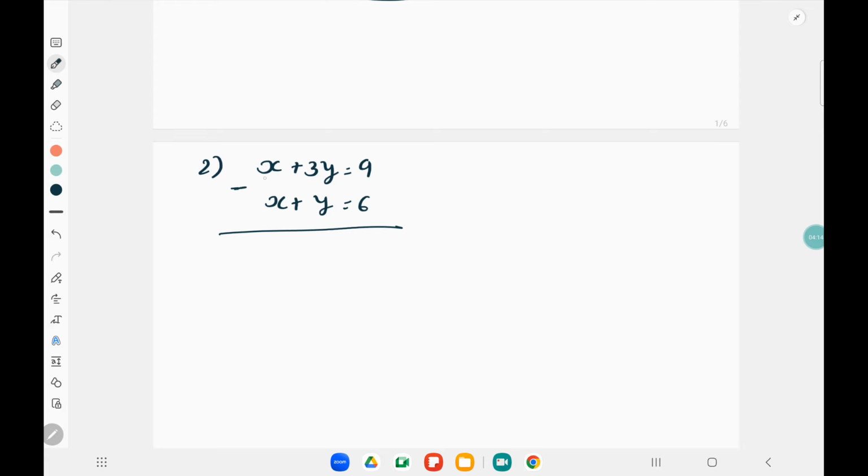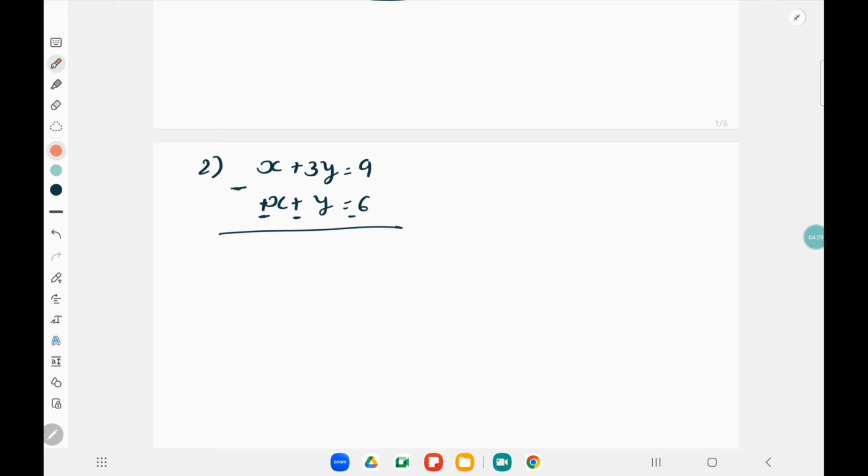Okay, because I am doing x plus 3y equals 9, take away x plus y equals 6. So in this second equation, every single thing changes sign. If it is positive, it becomes negative. x was positive, becomes negative. y was positive, becomes negative, and 6 also positive, becomes negative.